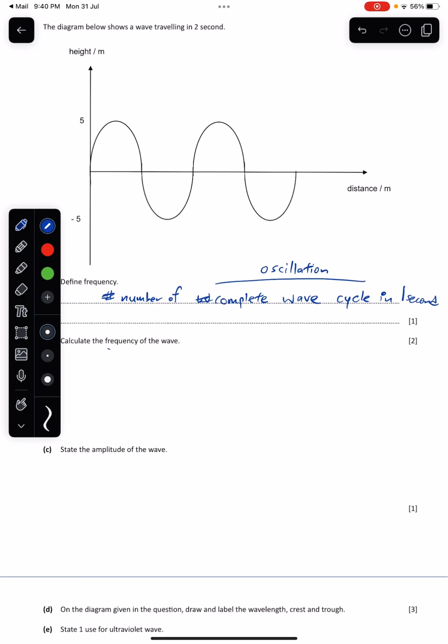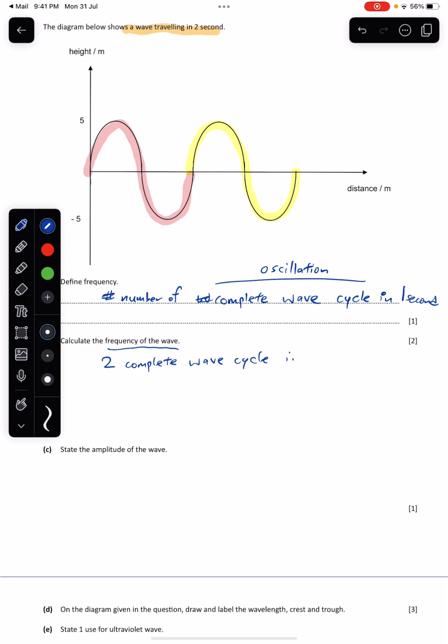So now you're supposed to calculate the frequency of the wave. Let's read the question again. Question says the wave in 2 seconds. So in the diagram, can you see how many complete wave cycle is this? You can see, right? So go up and go down. This is the first wave cycle. Second wave cycle will be again go up and go down. So from what I can see here, I have 2 complete wave cycle.